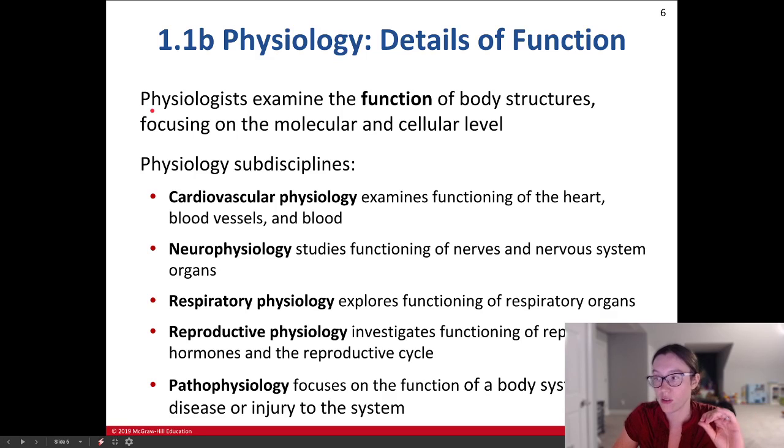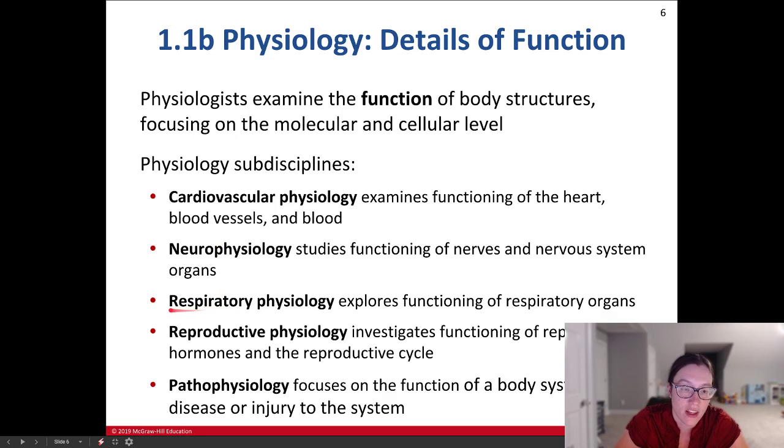There are also some subdisciplines of physiology, and if you know your medical terminology, these should be pretty easy to figure out. Cardio means heart, vascular is for vessels, so cardiovascular physiology examines the function of the heart and the blood vessels and the blood. Neurophysiology: neuro has to do with nerves and the nervous system, and that's going to study the functions of nerves.